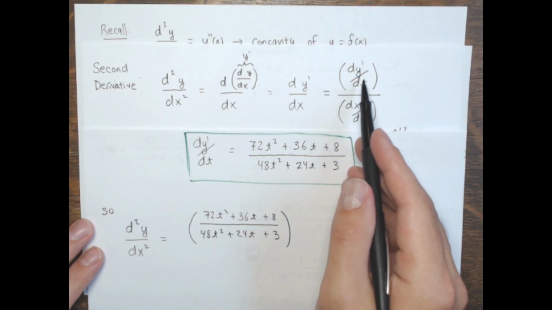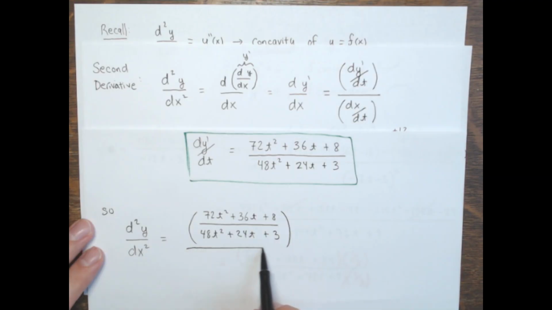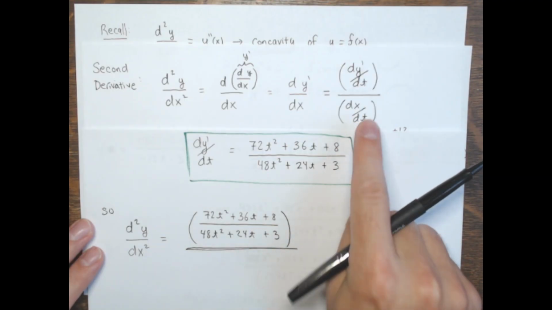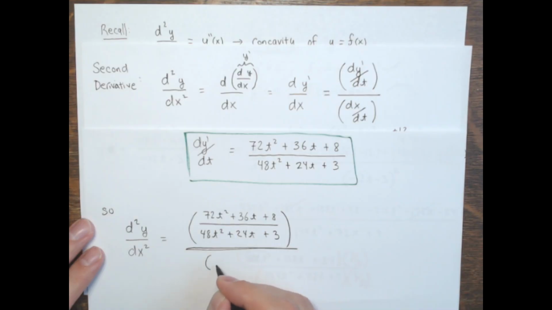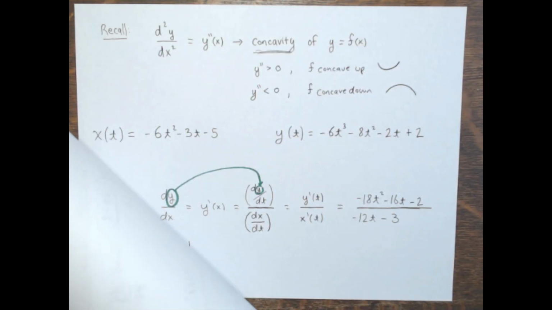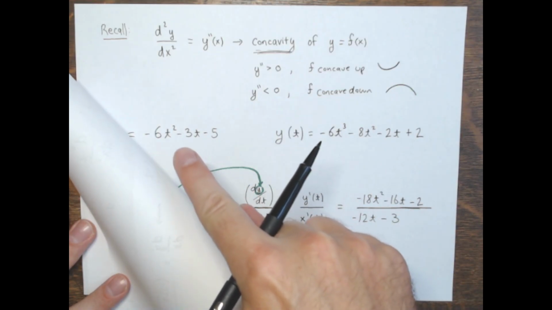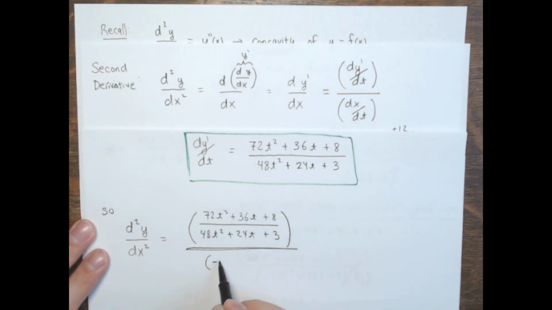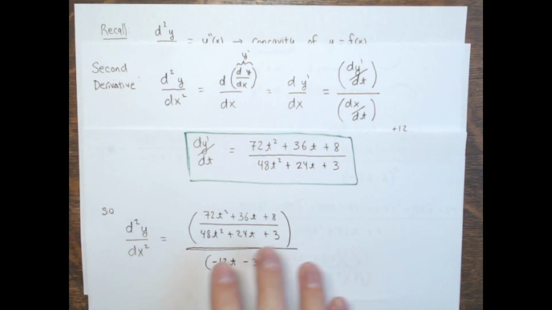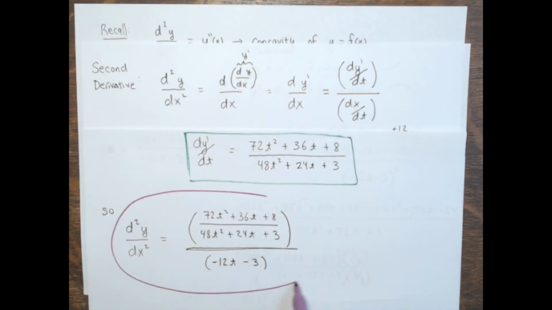That's the dy prime over dt. And all that divided by dx over dt, which is simply, as we stated earlier, negative 12t minus 3, the derivative of that. All right, now this is great. I mean, if I were testing you, this would be acceptable to me, although it's not completely simplified, right?